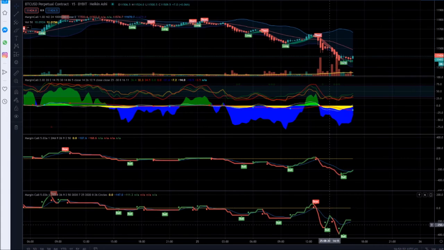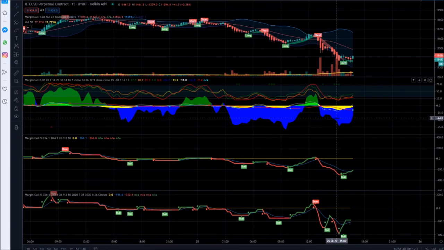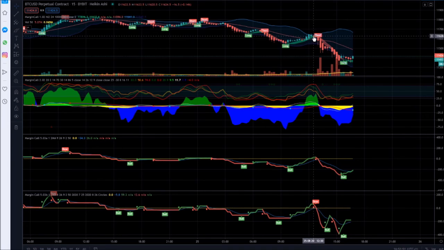Now you might not want it that sensitive, because really that is too sensitive, because there was no way that was a green candle or it was going anywhere but down. You can see that by Margin Call 2, and you can see that by this one, and by that.